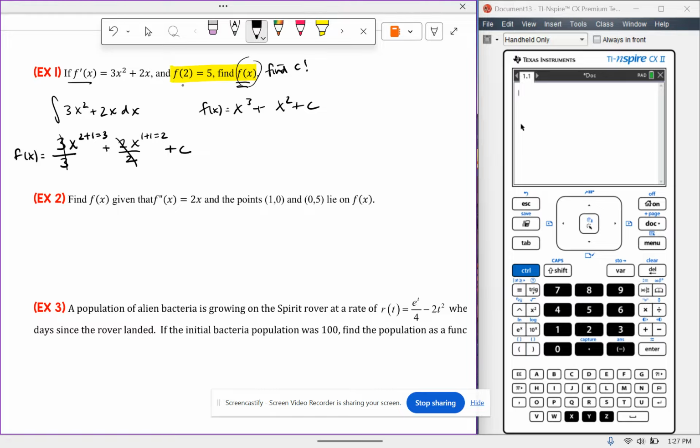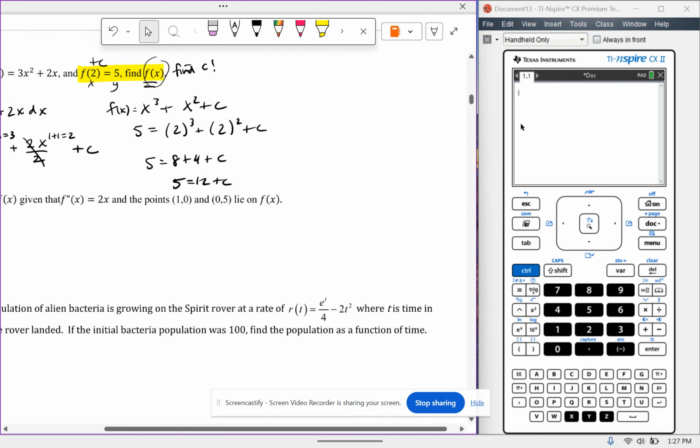I'm trying to find f, so this is what's going to find me my plus c. So this is an x, this is a y, and I'm going to plug that stuff in to find c. Yup, c is -7.